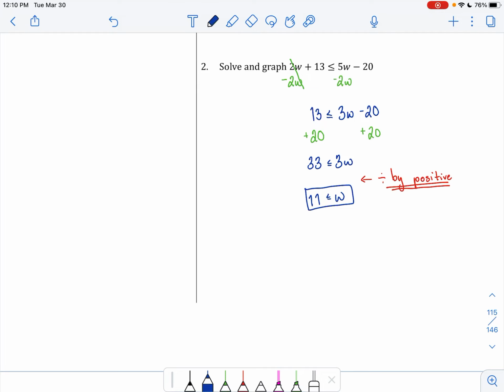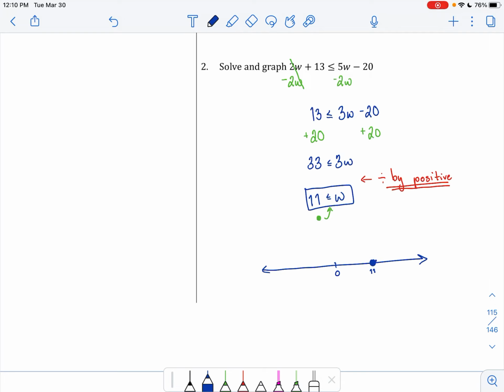So then we're going to graph it. Since we're looking at this inequality here, that means that we are going to use a closed point like this on our number line. So here's 0. We've got an 11. We're going to color that in. And then it says that w is bigger than 11.